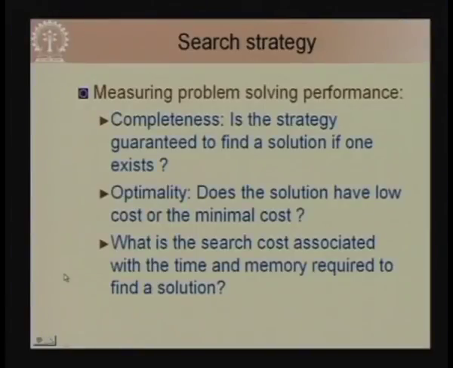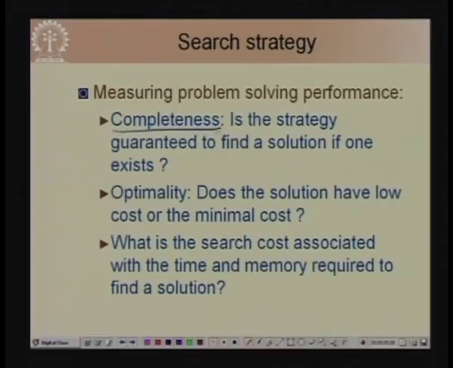We will, in the next class, discuss several problem solving strategies. And when we discuss problem solving strategies, we will evaluate each strategy by the following parameters: whether it is complete, whether it is optimal, and what is the cost associated. So, a strategy is complete if it is guaranteed to find a solution to the search problem if a solution exists.